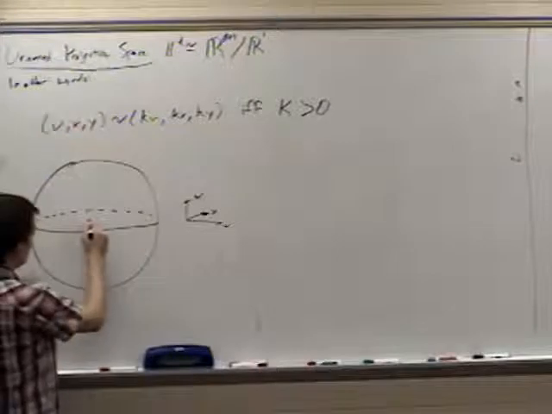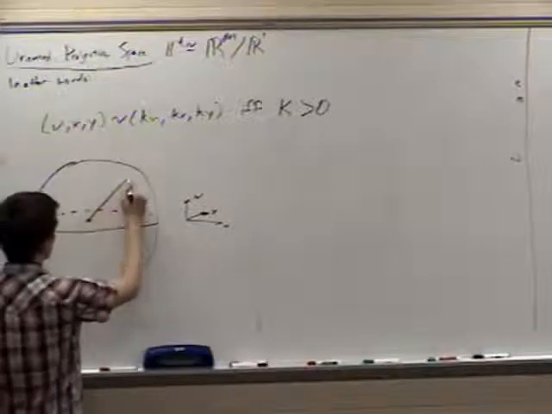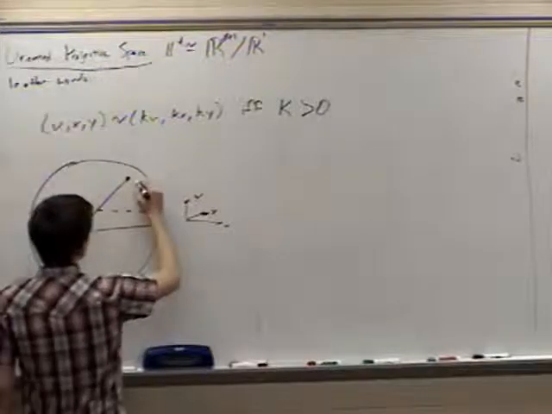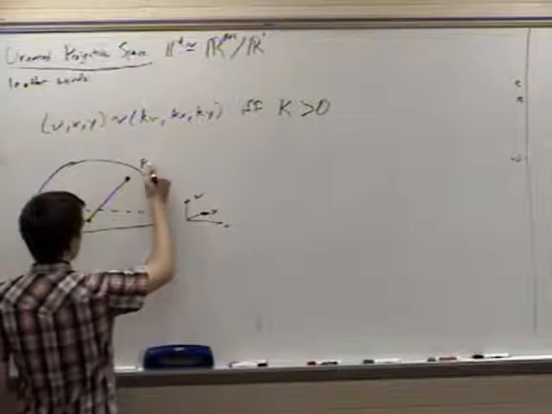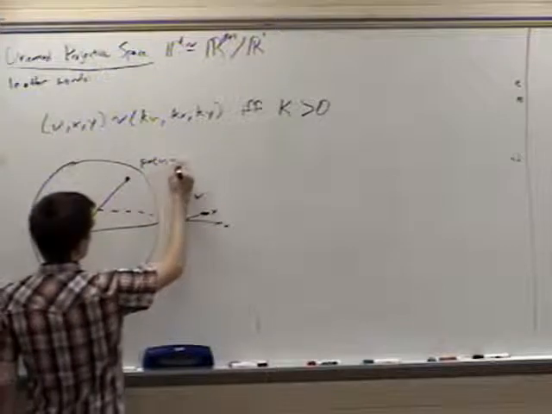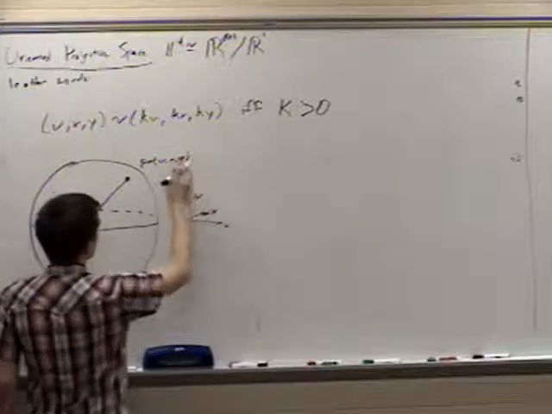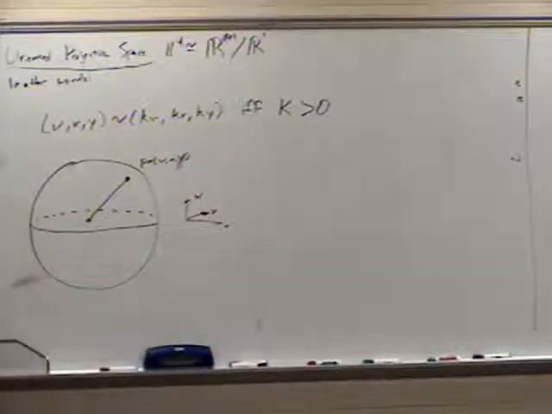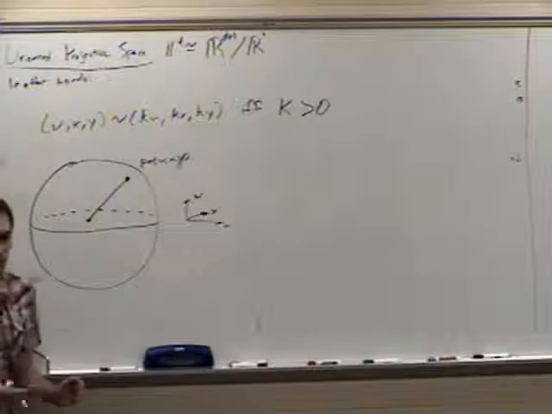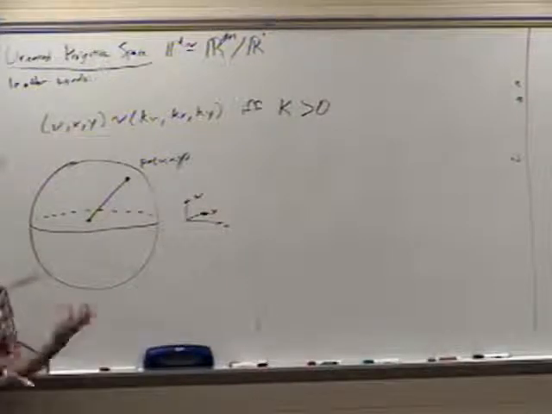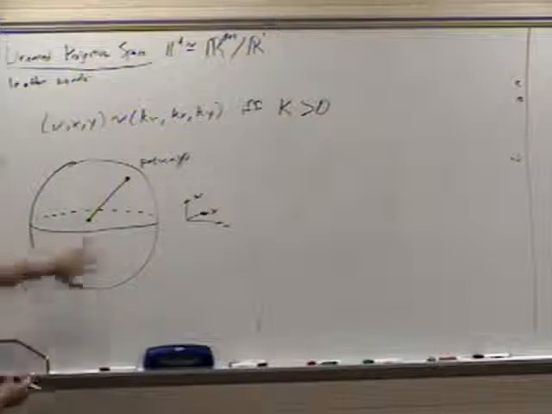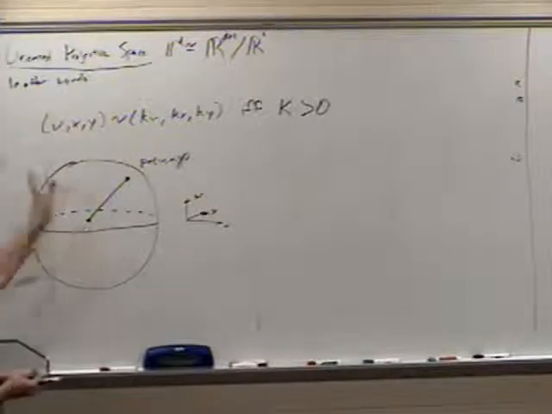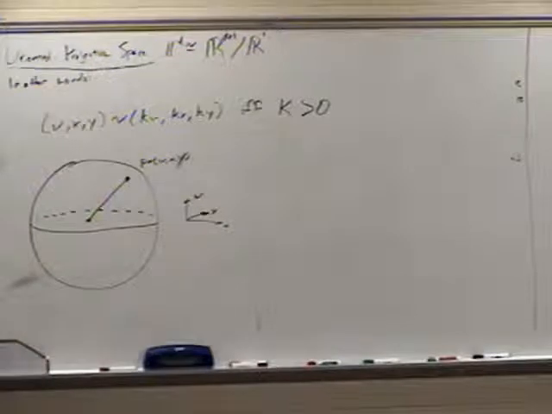If I take a point here, and I look at this ray, this can be the point p equals (w, x, y). So this whole space of points, or this whole ball, is what our oriented projective space will be. And so all of our arithmetic and operations will basically transform points on this sphere to other points on the sphere.